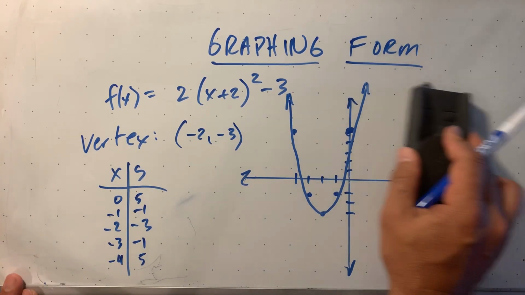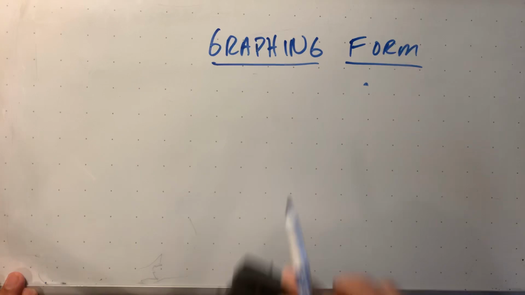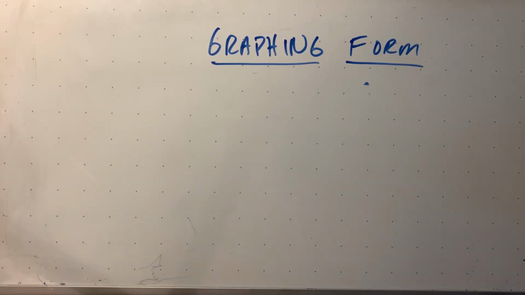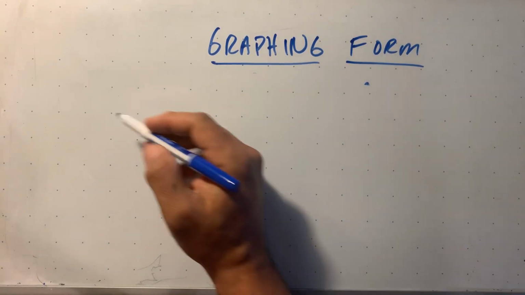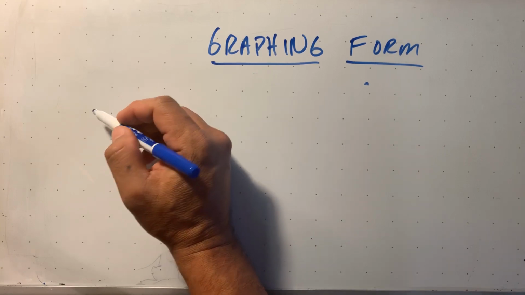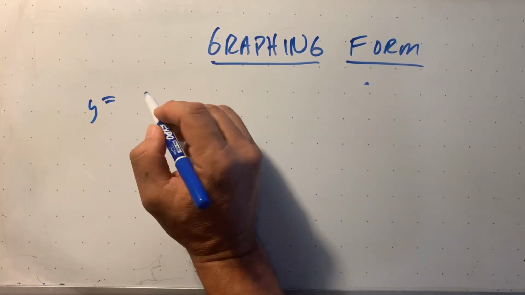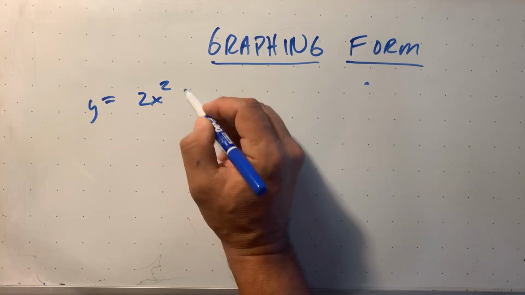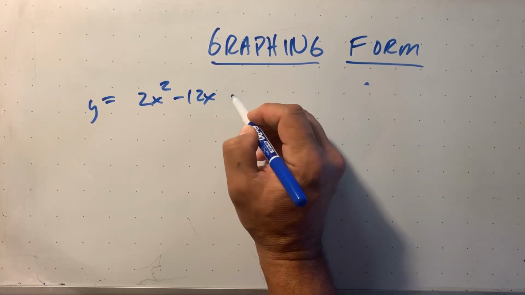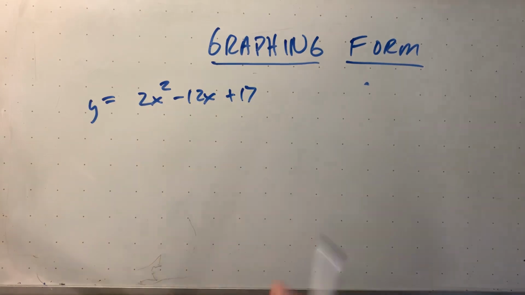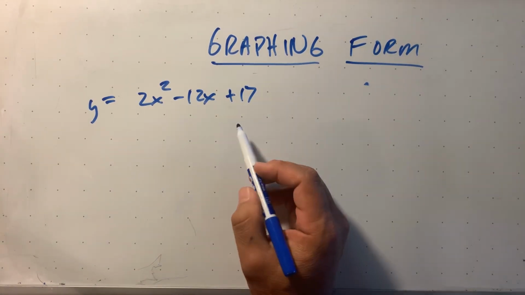All right, let's try one more. Remember, it doesn't always have to be f of x. It could be y, for example. So I'm going to change this one to y is equal to 2x squared minus 12x plus 17. And I've got to change that to graphing format by completing the square.